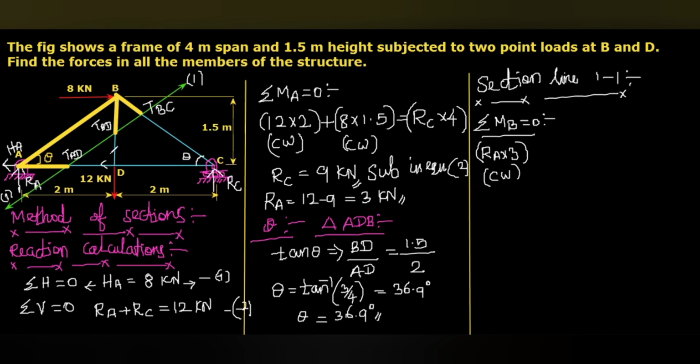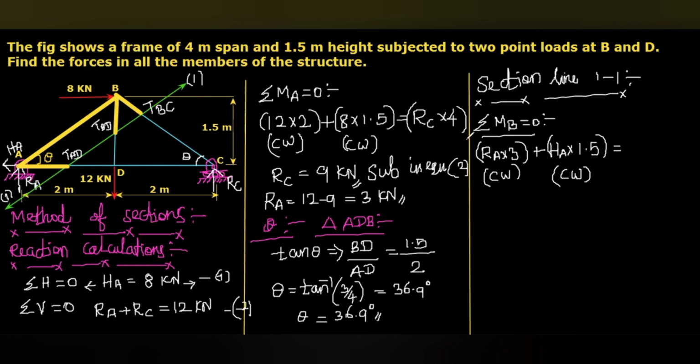And from the point B, this HA multiplied with the perpendicular distance will also be in clockwise direction, which will be added on the same side. So the value HA multiplied with the vertical distance 1.5. This is also in clockwise.